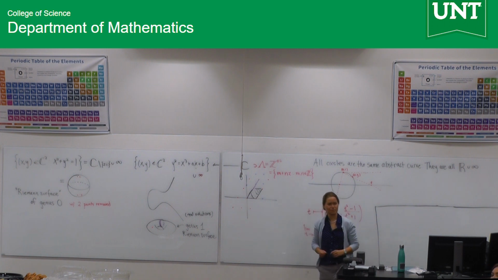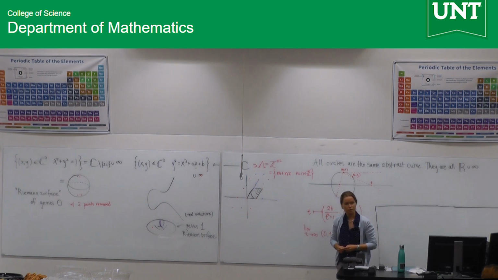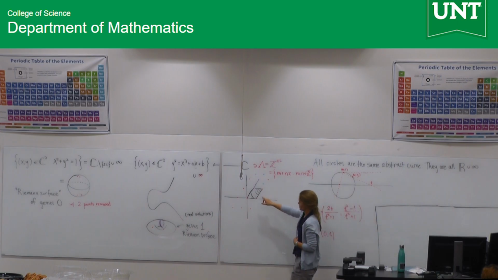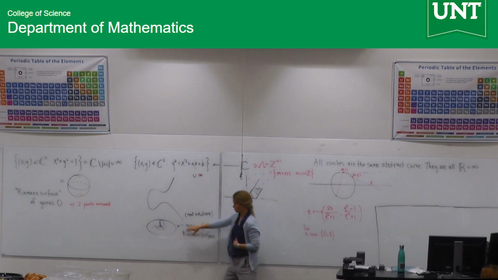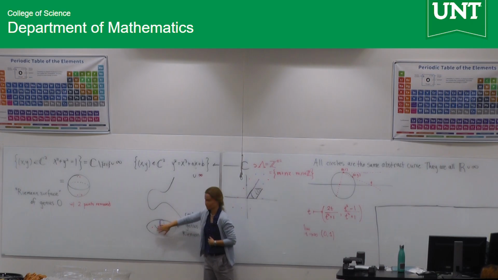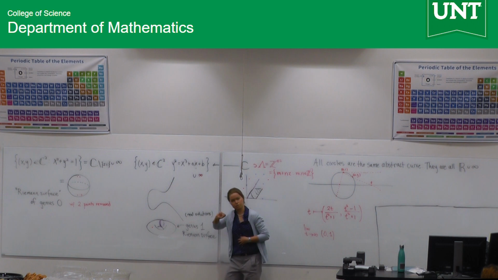More questions? Yes? What's the relationship between the cosets, geometrically? Each correspond to a point on this genus 1 surface. Yes, please.